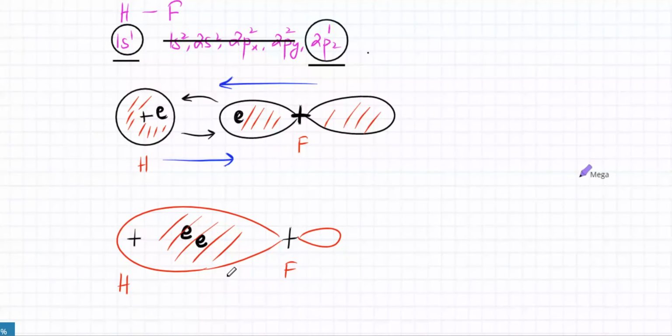So that is where there's going to be the maximum probability of finding the electron. The charge density is going to be very high over here. The chances of the electron going to the other side would be very, very low. So the two orbitals would merge, and that again is a sigma bonding orbital.